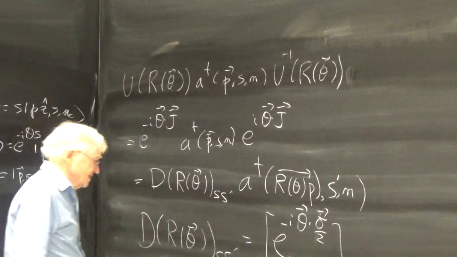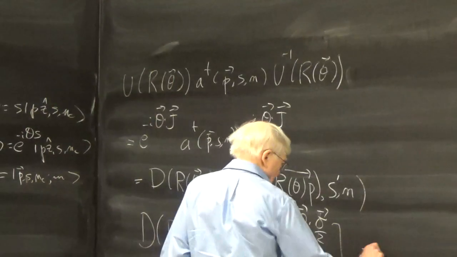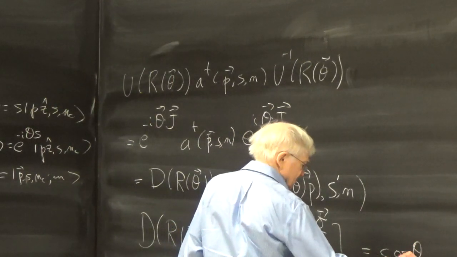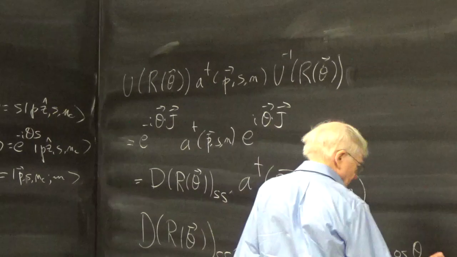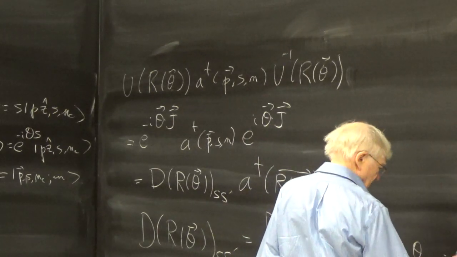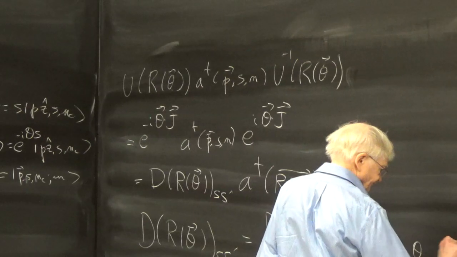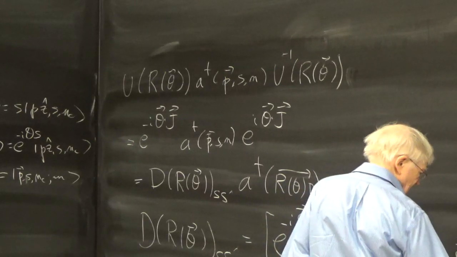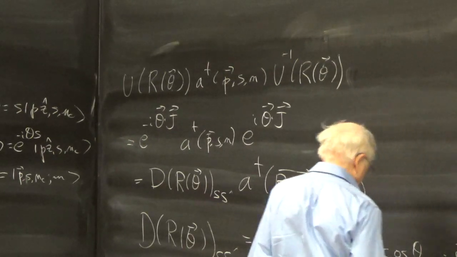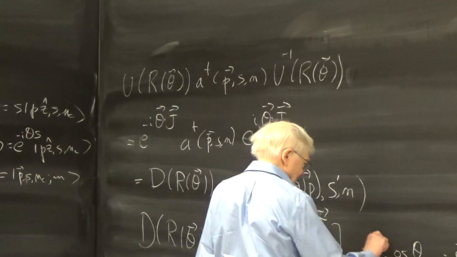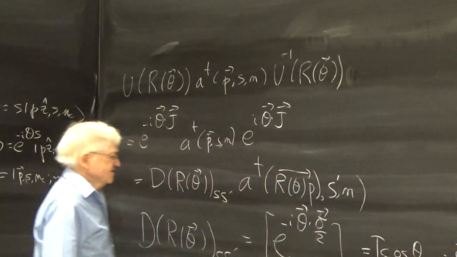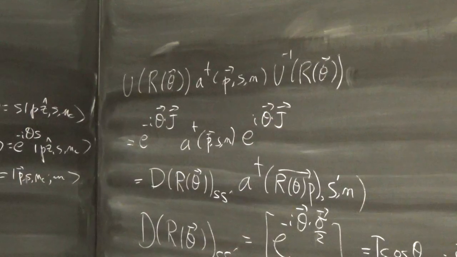I didn't LaTeX this part, but I believe from memory this is cosine(θ/2) minus i θ-hat·σ sine(θ/2), and this is the 2 by 2 identity matrix I. So that's what that 2 by 2 matrix is.